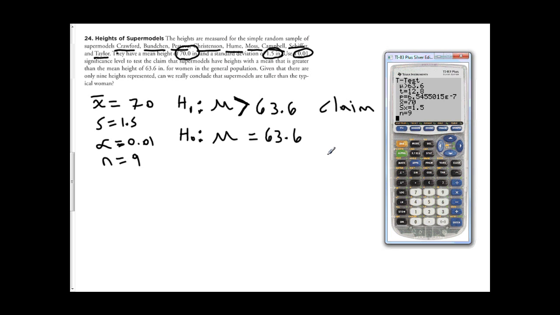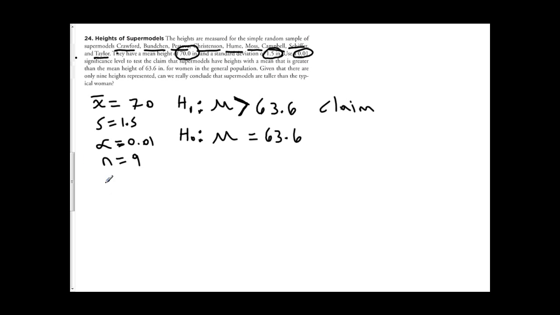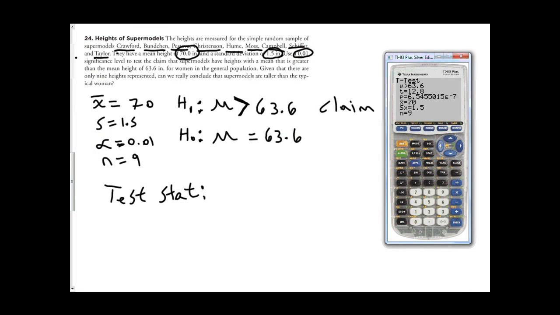So let's see. Let's identify the test statistic. The test statistic was that t-score that we saw. And the t-score, the test statistic, is 12.8.